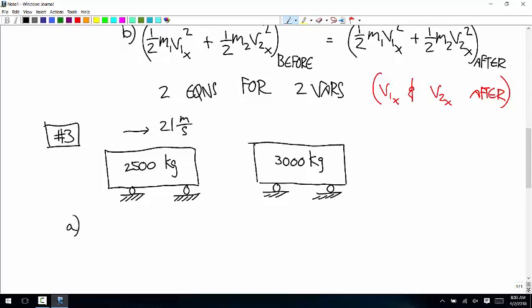And it runs into this other one that's at rest and has a mass of 3,000 kilograms. And we want to know, first, if they latch together. Well, that's sort of a gentle way of describing what's going to happen here. They're going to both turn into powder. So they latch together. What's the combined velocity vector after?